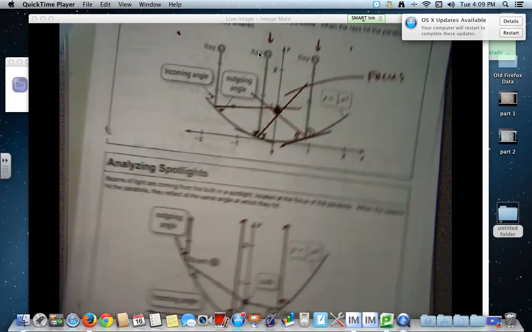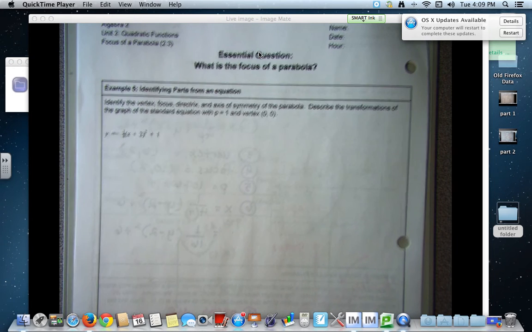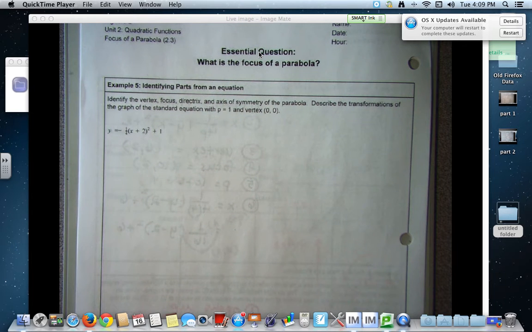All right, let's go to the last page, identifying parts from an equation. Identify the vertex, focus, directrix, and axis of symmetry of the parabola. Describe the transformations of the graph of the standard equation with p equals 1 and vertex 0, 0.